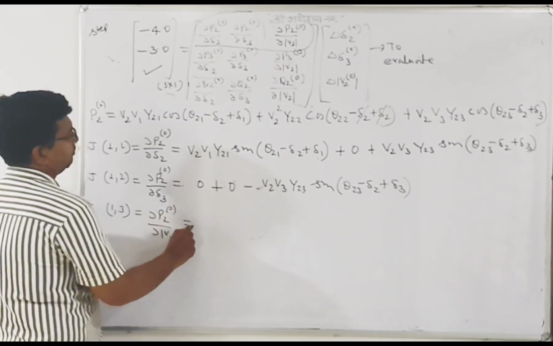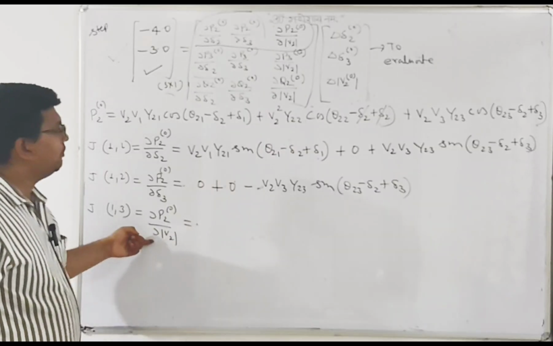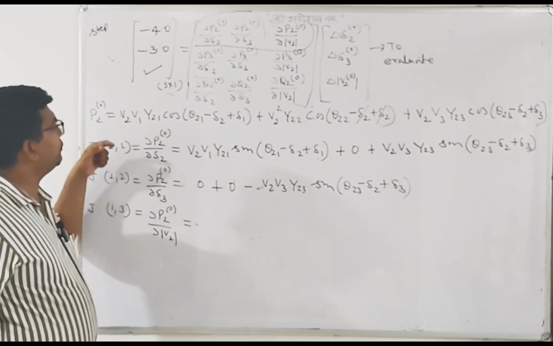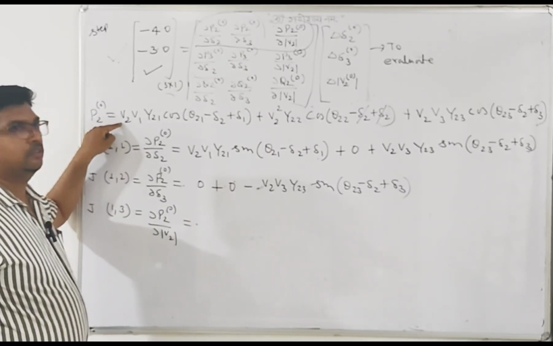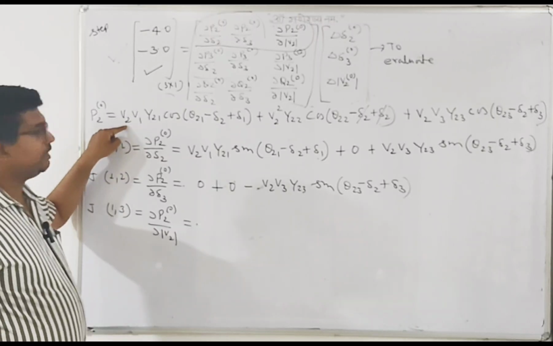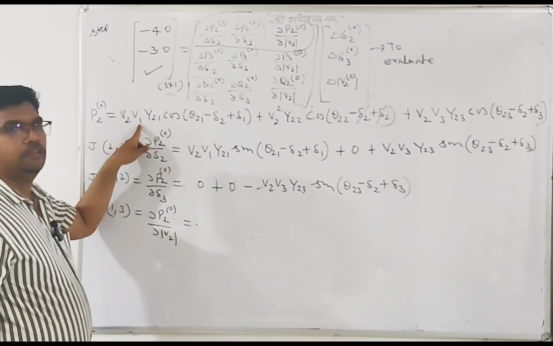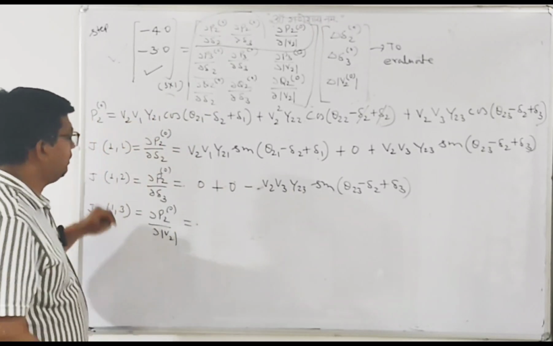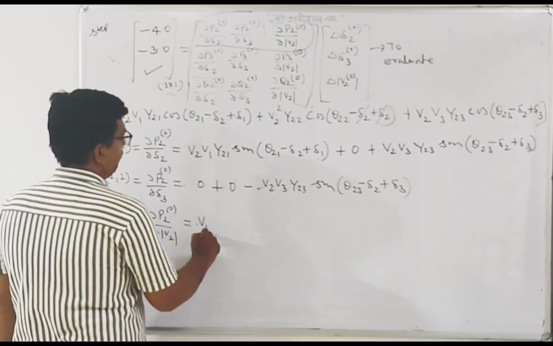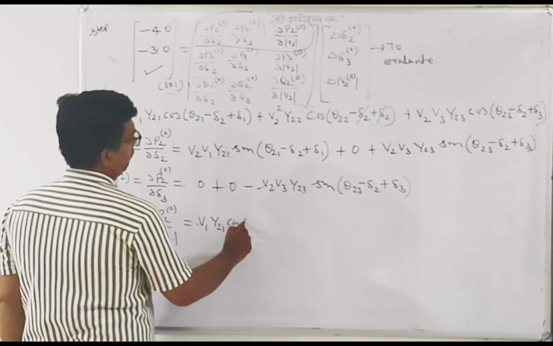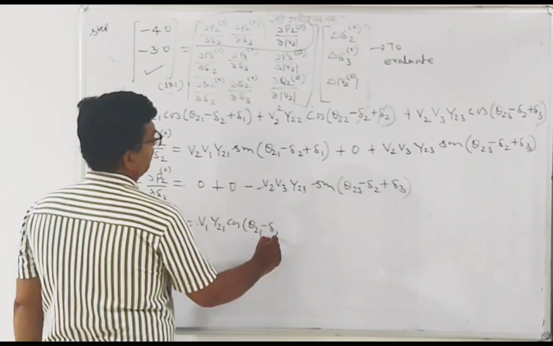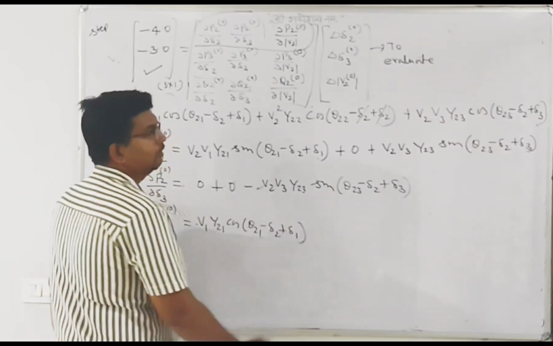Now we have to differentiate with respect to V2. Have to check where V2 is. So we differentiate with respect to V2, and the whole remainder will be constant. The differentiation of V2 is 1. So this term becomes V1 Y21 cos of theta 21 minus delta 2 plus delta 1.